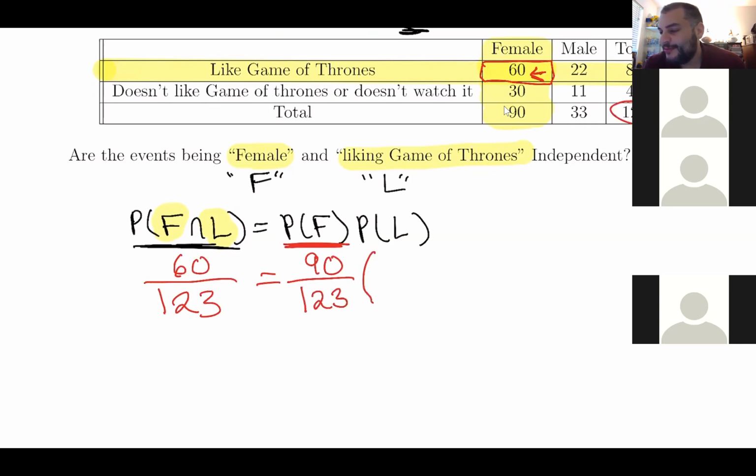How many total people do we have that like Game of Thrones? 82. Yeah, 82. Perfect. And you divide this by 123. Everybody got how we got 90 divided by 123 times 82 divided by 123?